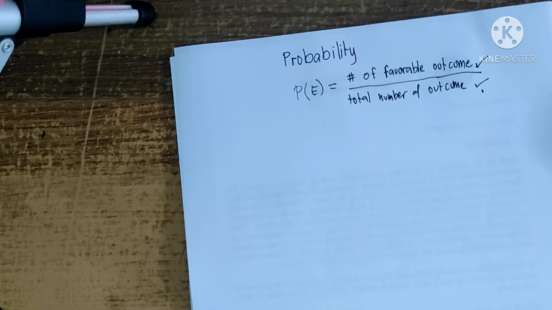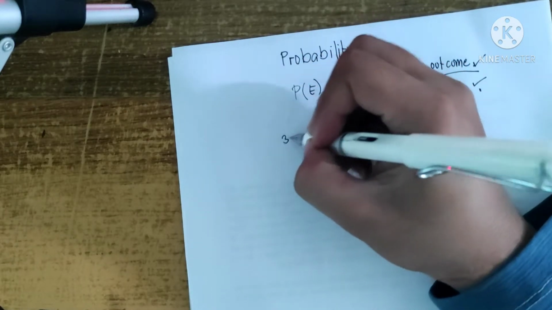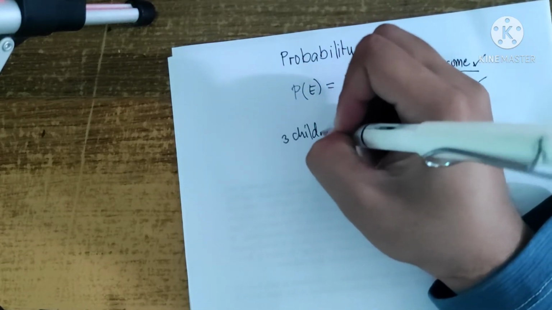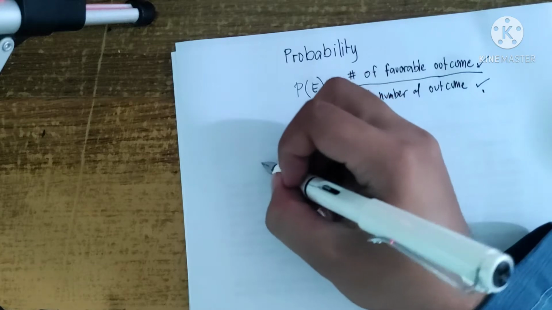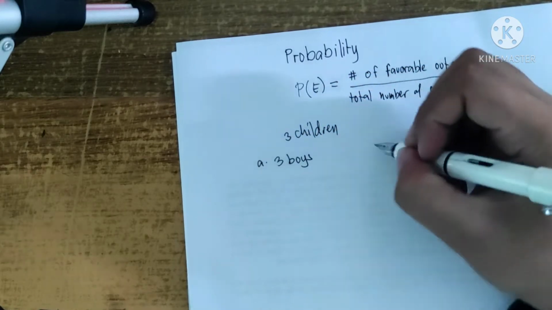So, question is, merong isang pamilya na may 3 anak. Ilan yung probability na sa 3 anak na yun, merong 3 lalaki? Okay?